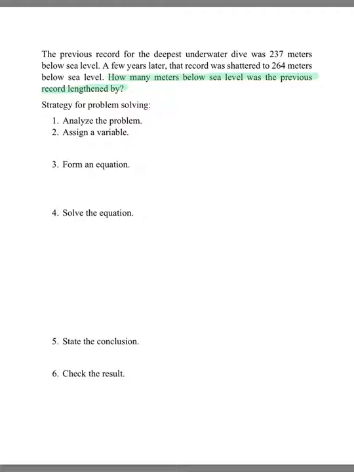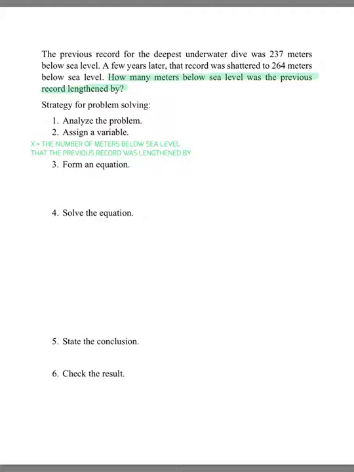So we're going to assign a variable, and we'll use the letter x, and we're going to let x equal the number of meters below sea level that the previous record was lengthened by. Again, it's simply the question that's being asked reworded in the form of a statement. So there we go, that's our assigning of the variable.